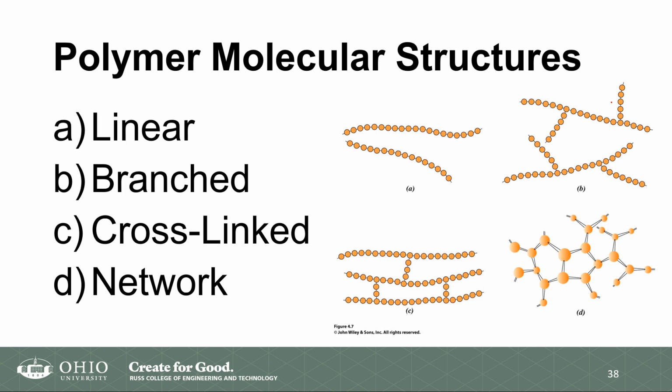Same thing if you were to look at these, for instance, the bonds within the branches are covalent, while the bonds between branches are secondary. If you look at this third one where it's cross-linked, you actually see that everything here is covalently bonded. So you have this chain which is covalently bonded to this chain, which is then covalently bonded to this, and so on and so forth.